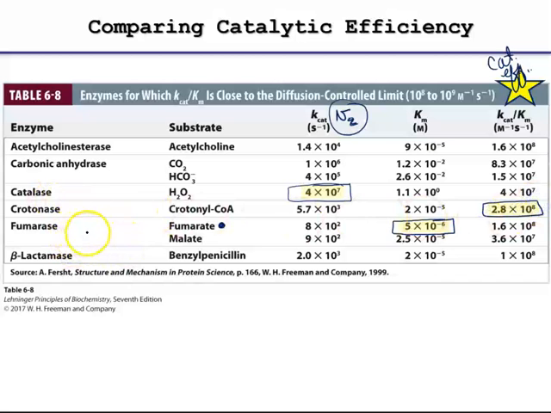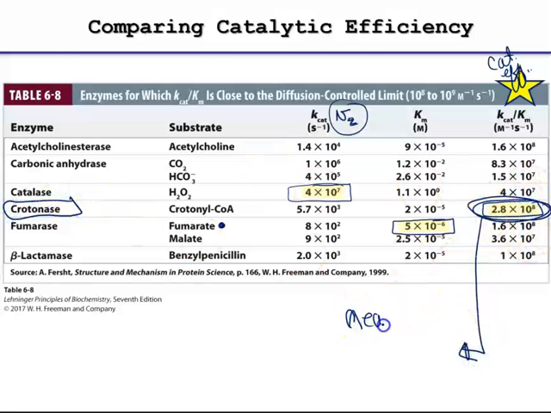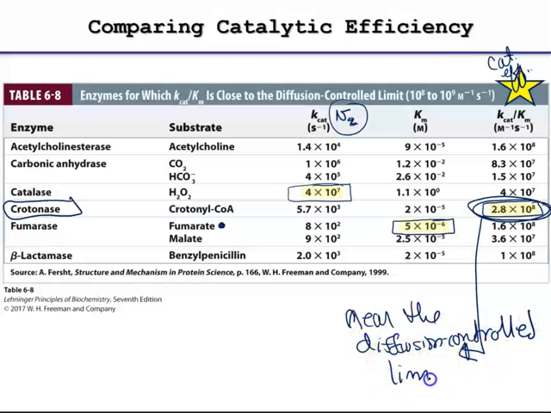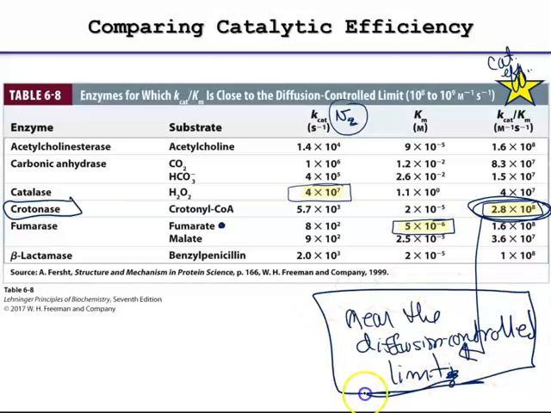The clear winner here is an enzyme called crotonase. And crotonase has a Kcat over Km which is pretty darn near the diffusion controlled limit. So this is as good as it can get.